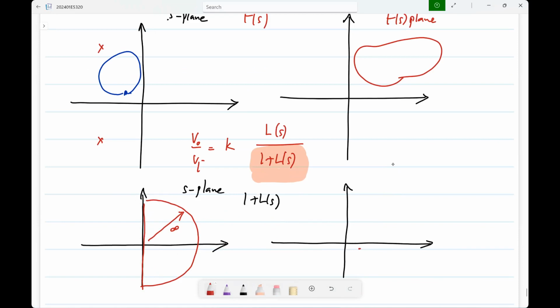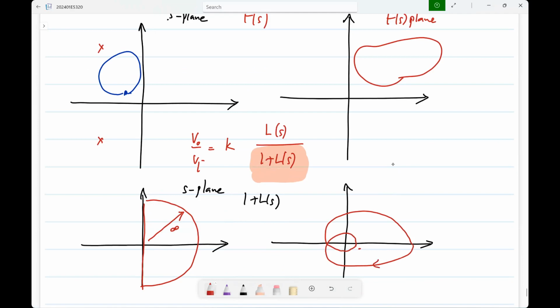If it encircles the origin, that means there are some zeros of 1 plus L of s inside this contour. Of course, instead of using 1 plus L of s, you can just use L of s and see, instead of encircling the origin, whether it encircles minus 1 comma 0. It's the same thing, right? So that is what this is. And of course, the encirclement has to be in the clockwise direction, etc.